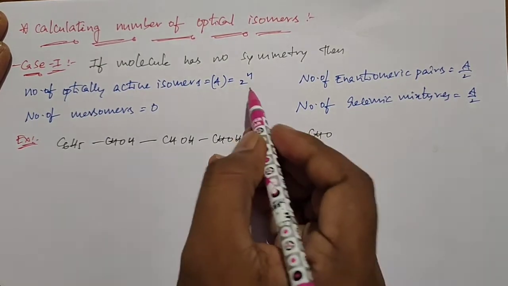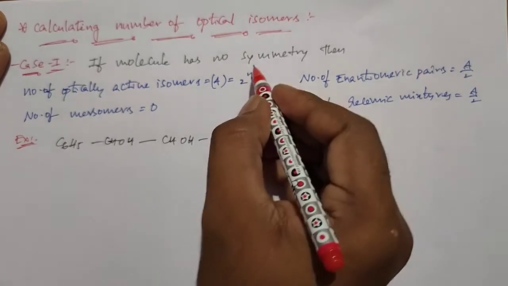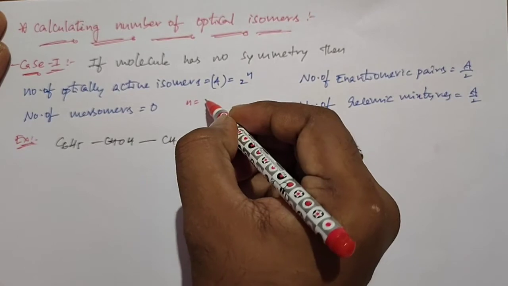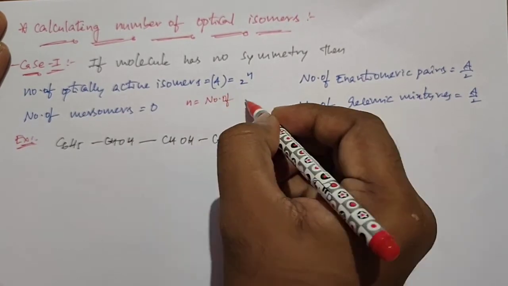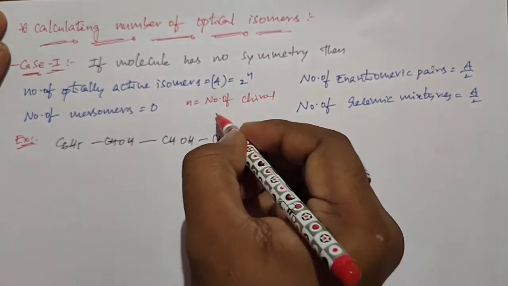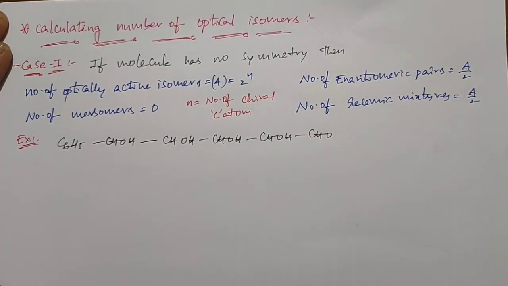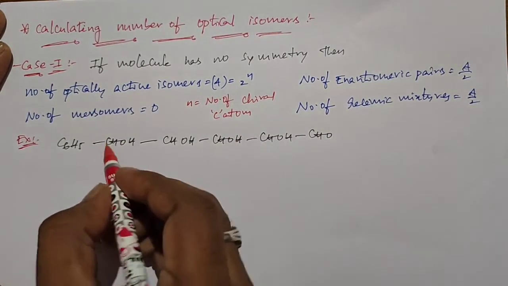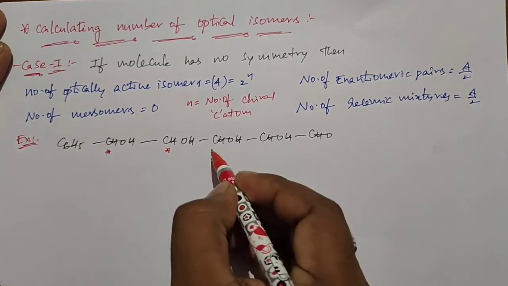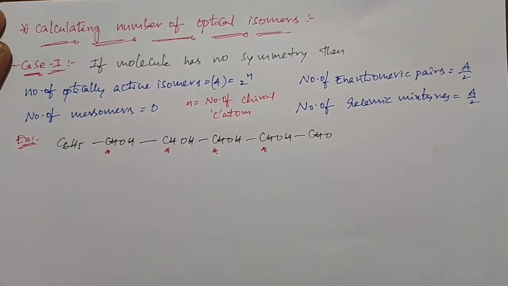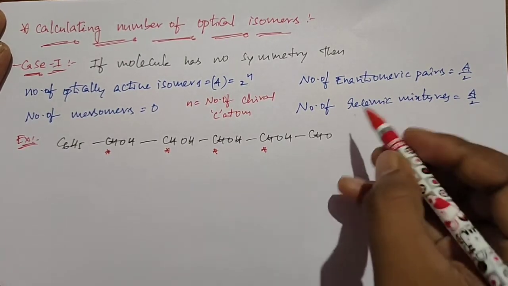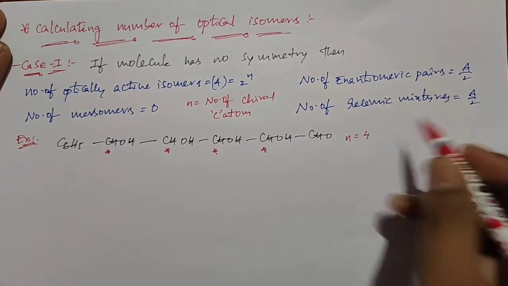Remember one thing here: for this formula, n is equal to the number of chiral carbon atoms. If you see the given structure, this is one chiral carbon, this is the second, this is the third, and this is the fourth. So in the given molecule we have 4 chiral carbons, so n is equal to 4.